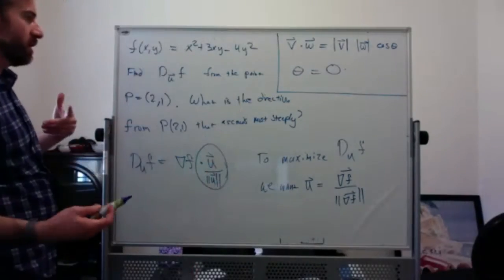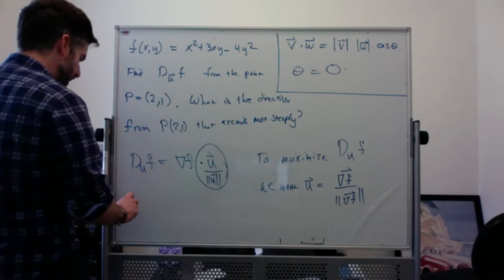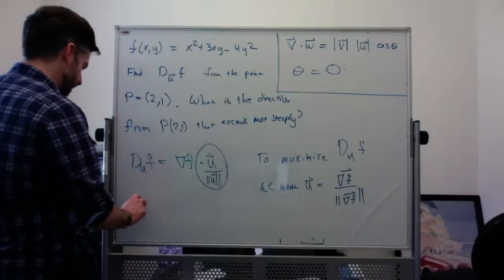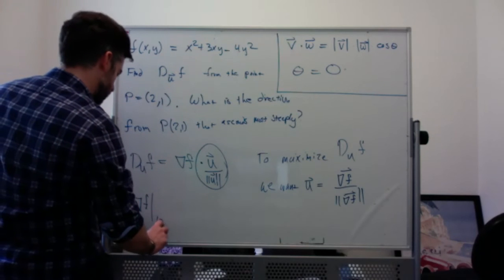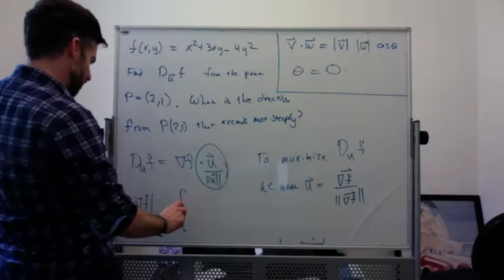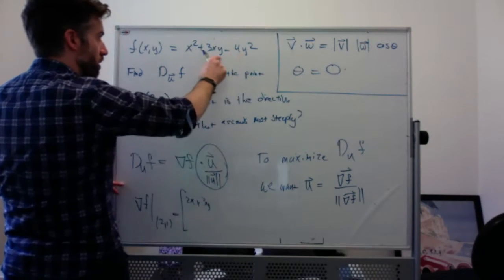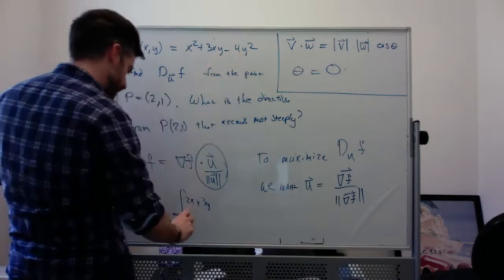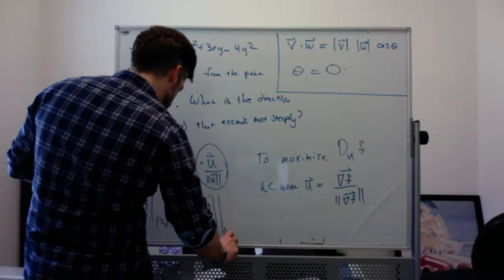So to answer the question here, the direction is, well, let's find the gradient. I already found the gradient, but I'm going to find it again. The gradient at this point, 2, 1, is just the partials: 2x plus 3y and 3x minus 8y, evaluated at 2, 1.